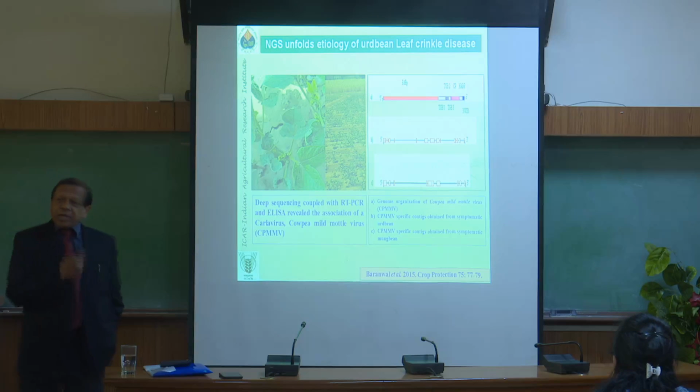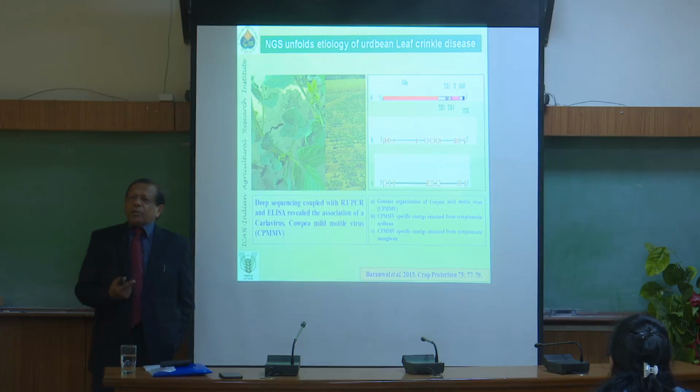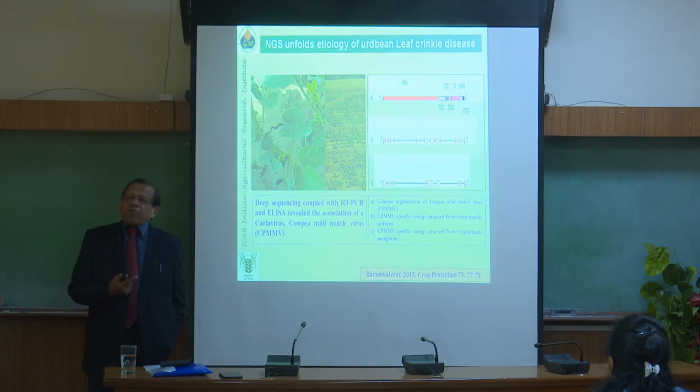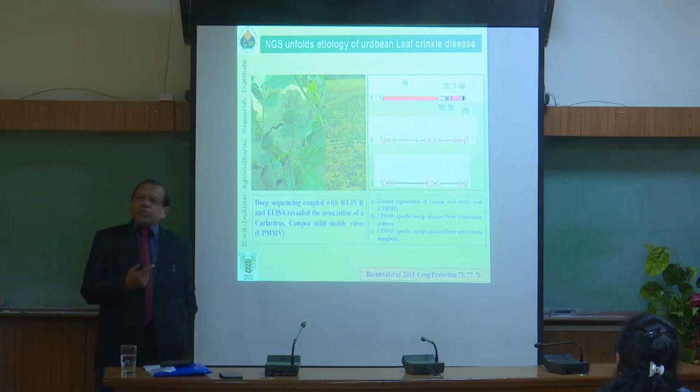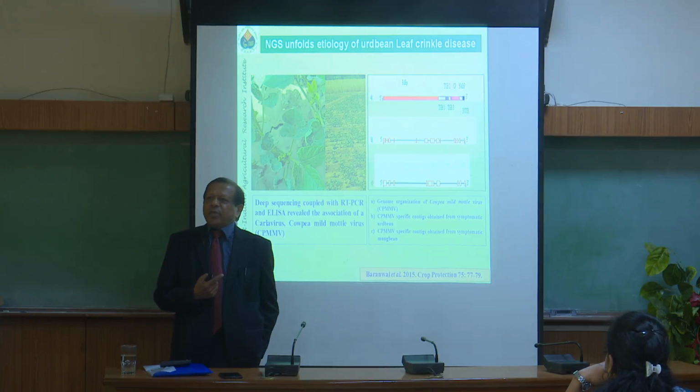Then as I have said earlier, if you want to really know the unknown viruses, the technique which is available now from 2009 onwards is next generation sequencing or deep sequencing. We also wanted to use a similar approach to unfold the etiology of urd bean leaf crinkle disease.